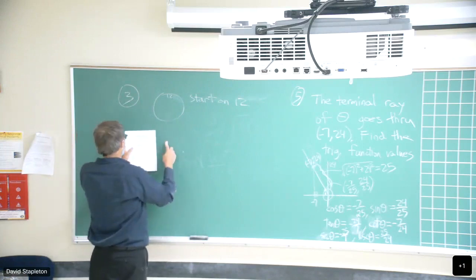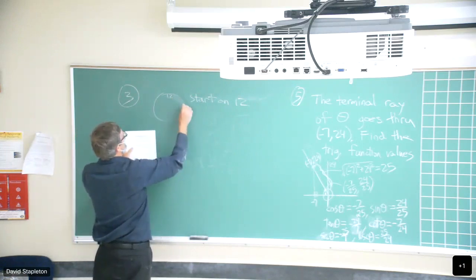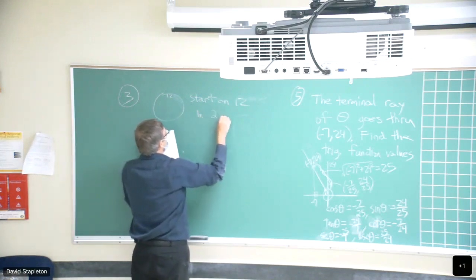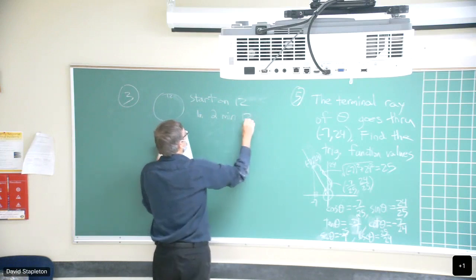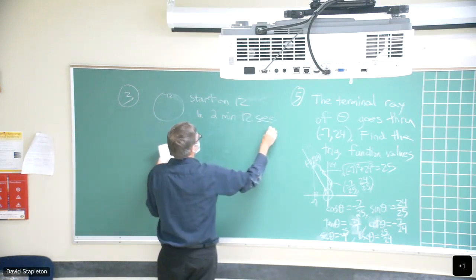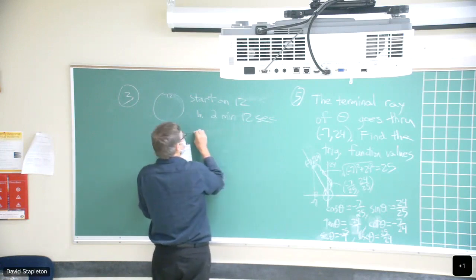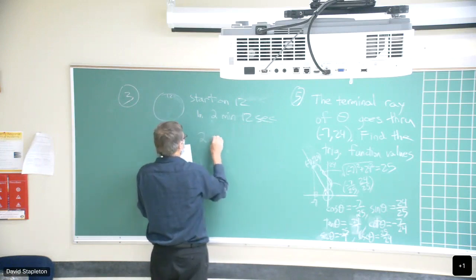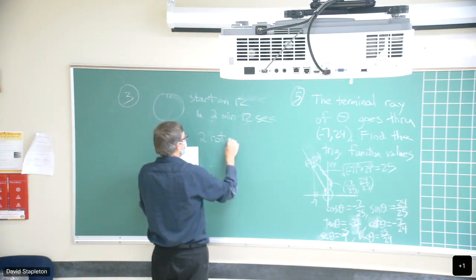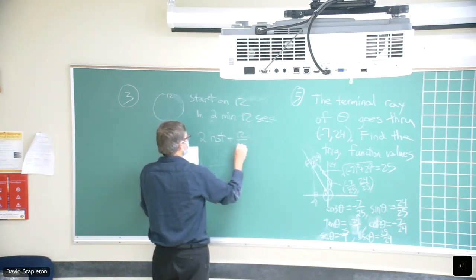And so if I let 2 minutes and 12 seconds pass, well, 2 minutes is 2 rotations. 12 seconds is 12/60ths of a rotation, right?